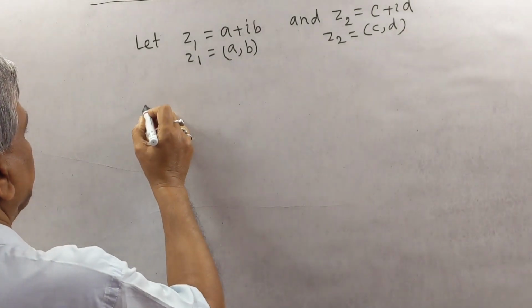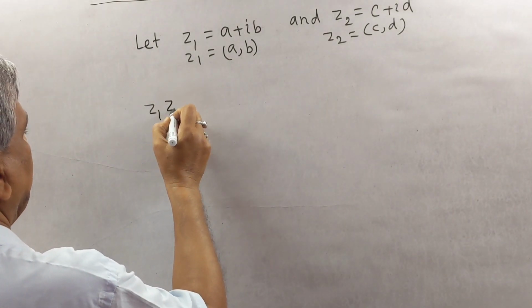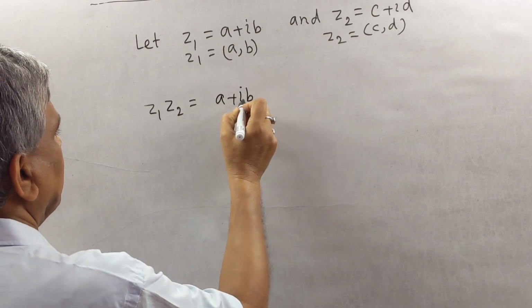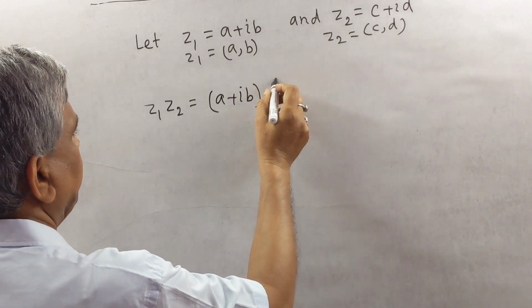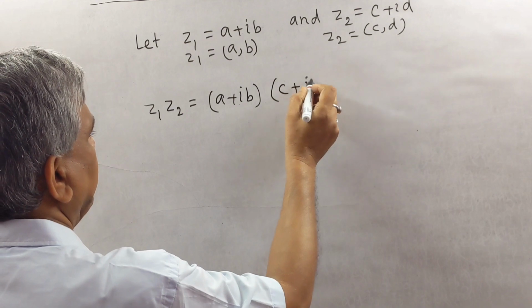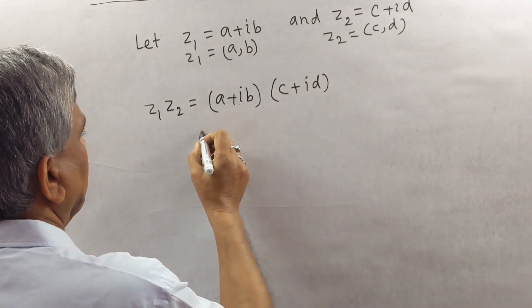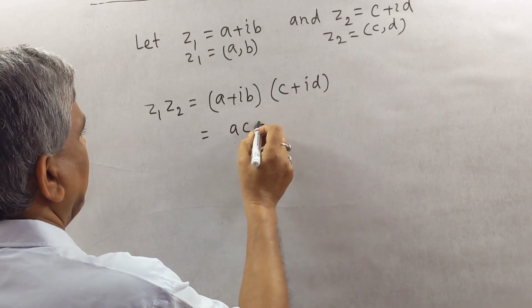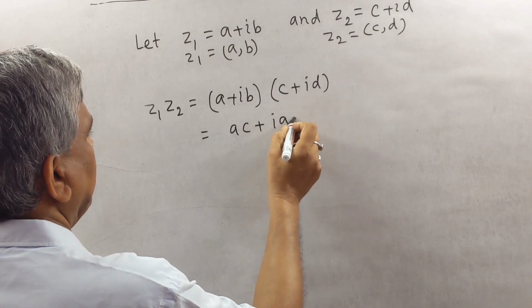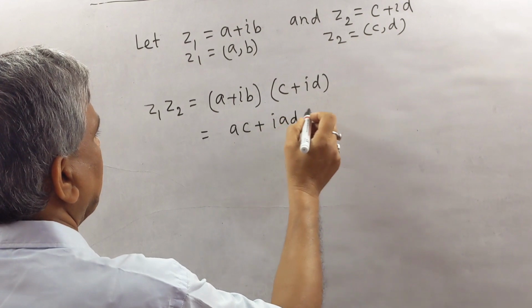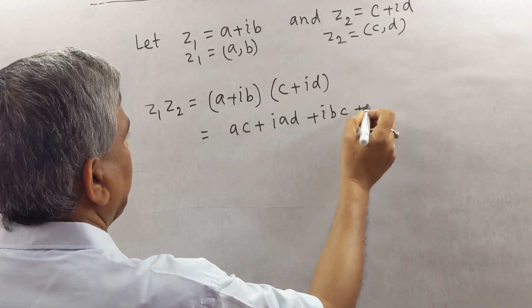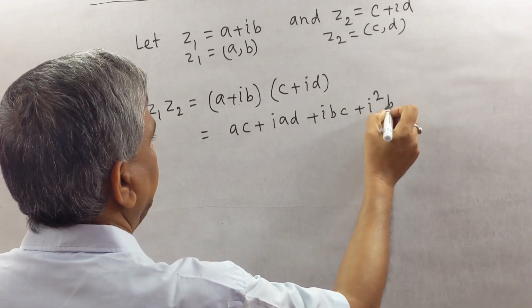Now z1 multiplied by z2 equal to a plus ib multiply c plus id, equal to ac plus iad plus ibc plus i square bd.